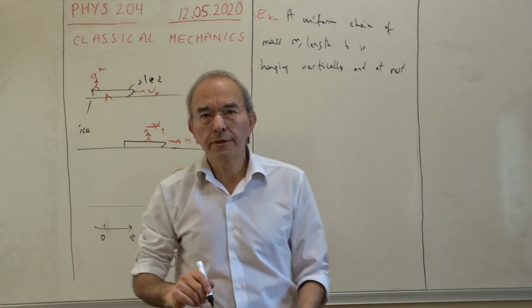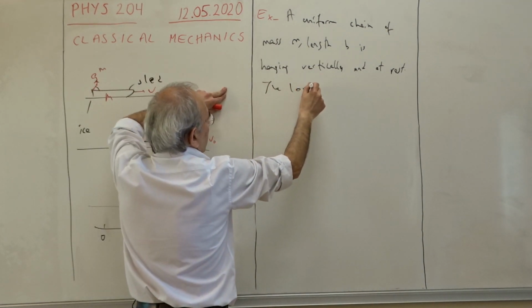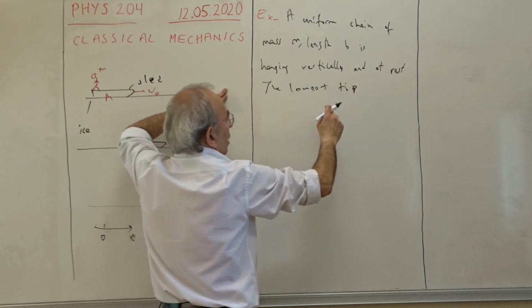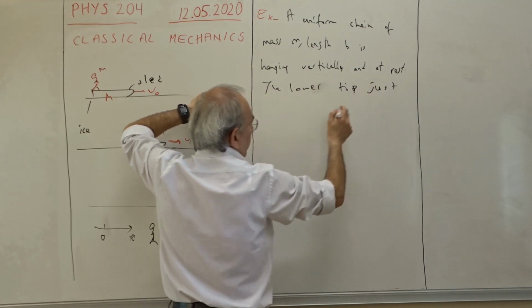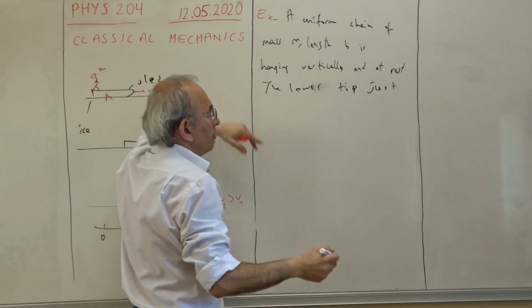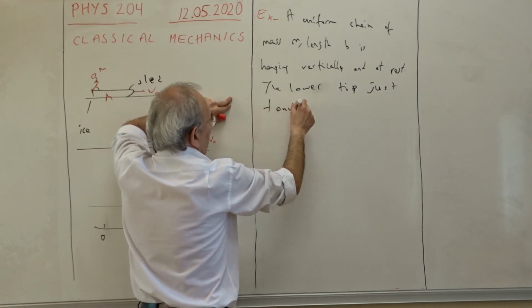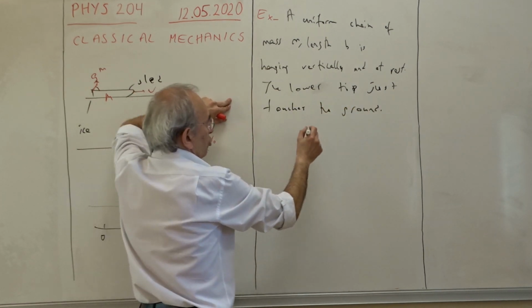The lowest tip, or lowest buckle, just touches the ground, as shown.